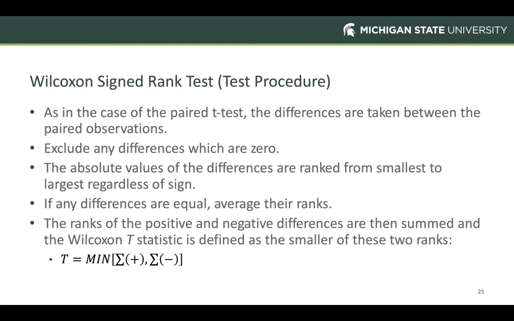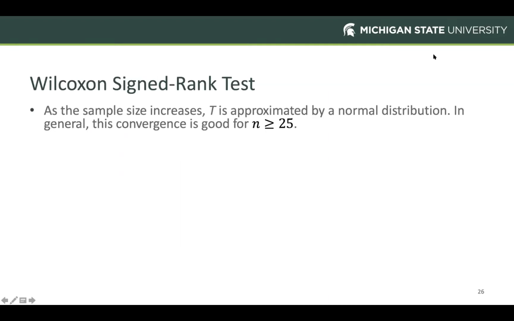So we sum up the ranks of the positive differences and the ranks of the negative differences, and then take whichever of those two is smaller, and that is going to be our t-statistic. I cringe at the fact that this is also called a t-statistic, because it's obviously not the same t-statistic we've talked about up to this point. It just happens to be the way it was defined by Wilcoxon in the development of this test.